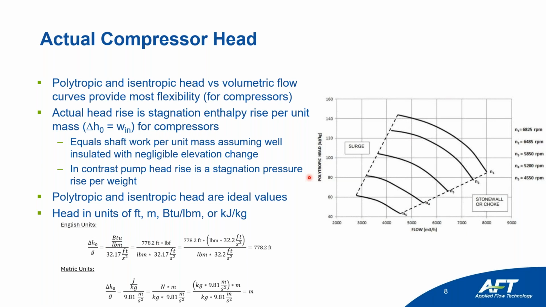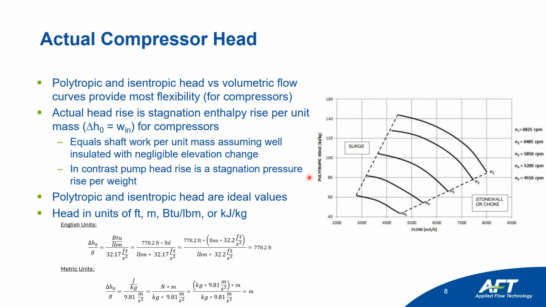So actual compressor head rise is this enthalpy rise term, where in contrast, the pump head rise is this stagnation pressure rise per weight term, right? It's delta P divided by rho g. So just keep that in mind when you're looking at these curves. And we'll go more into what that means for polytropic and isentropic head in a moment here. So polytropic and isentropic head are ideal values.